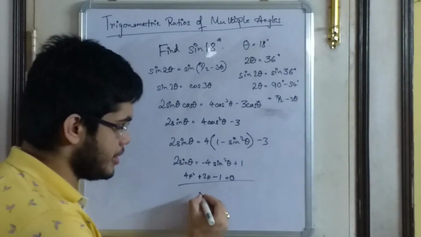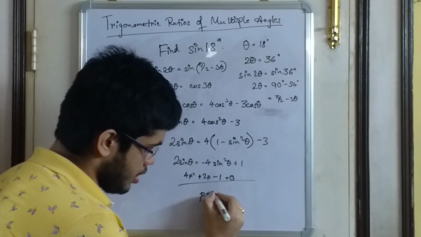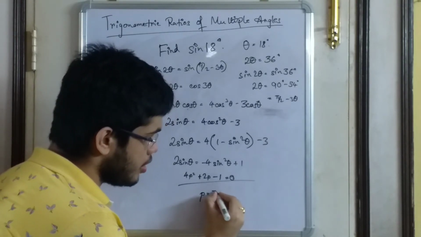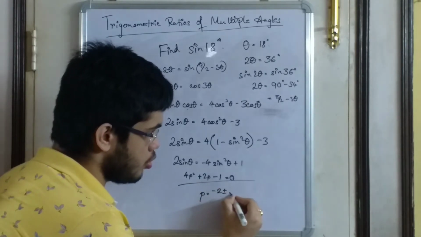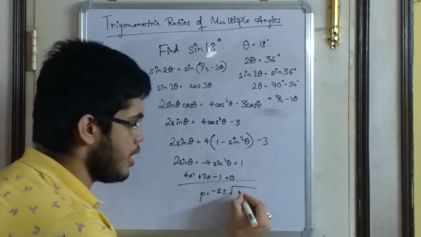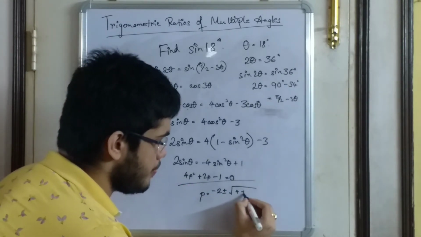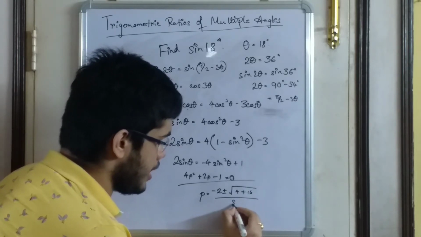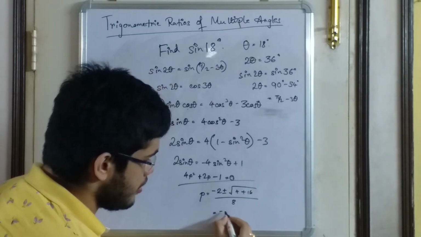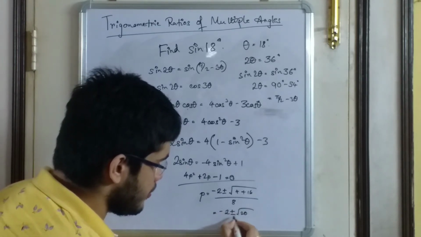Use Sridharacharya's method, so we will get p is equal to minus 2 plus minus root over b square minus 4ac, so this will be plus 16 by 8. So this will be minus 2 plus minus root over 20 by 8.